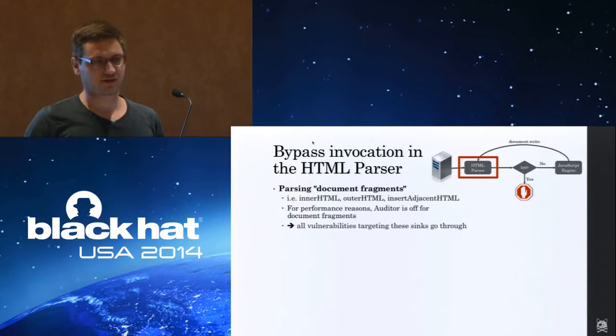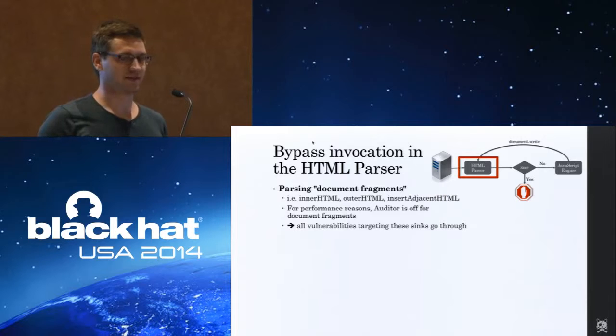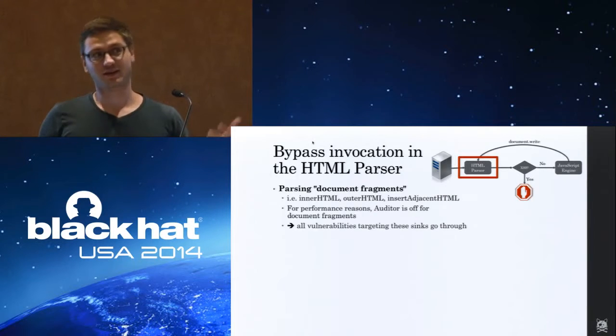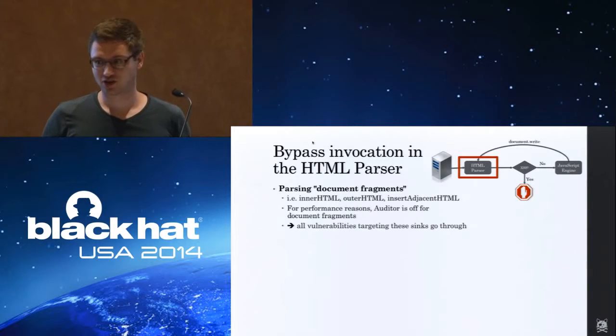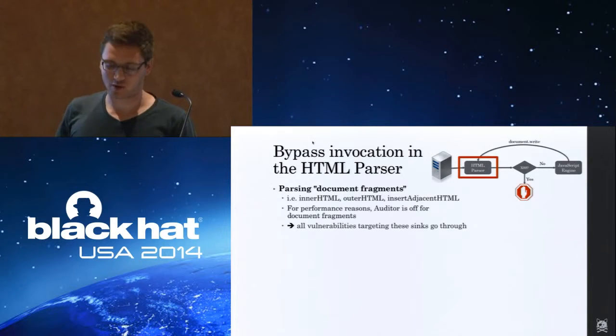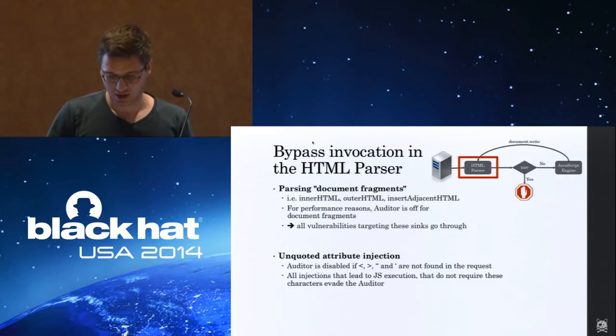However, as we found, there are so many vulnerabilities out there that have a flaw when they use innerHTML, which allows an attacker to always bypass these things. So that's pretty simple. We didn't actually have to generate payloads targeting a bypass, but rather, it's an innerHTML flow, so let's exploit that, and it will always pass through the auditor.